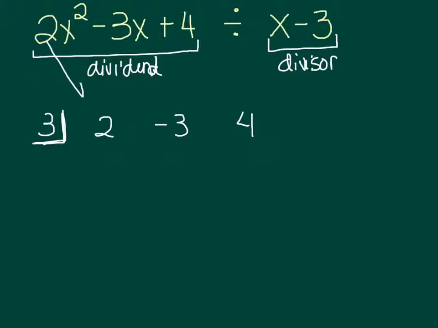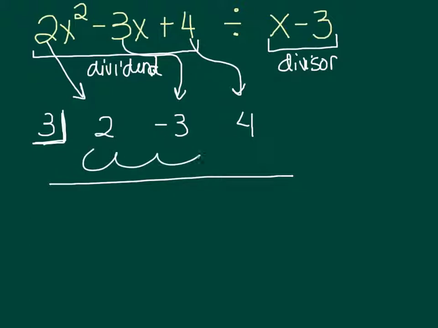So I got the 2 from there, negative 3 from there, and 4 from right there. All right. Then I draw this line, make sure you leave this gap here. So first thing to do is I am going to bring down this 2. Then I'm going to multiply 3 and 2, and I'm going to put my answer right here. So my answer will be 6.